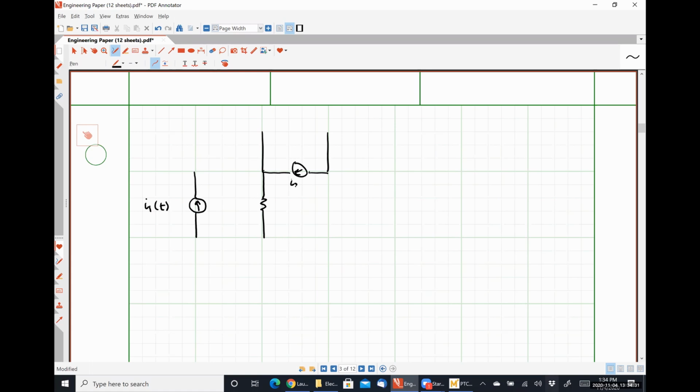This guy down here will be I2 of t. Millihenries, 250 microfarad, 73 ohms.